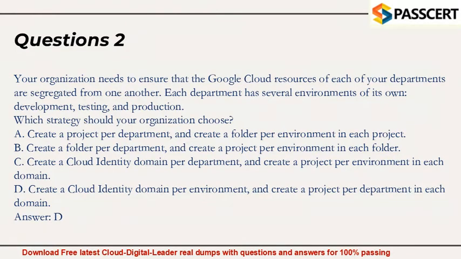B. Create a folder per department, and create a project per environment in each folder. C. Create a Cloud Identity domain per department, and create a project per environment in each domain. D. Create a Cloud Identity domain per environment, and create a project per department in each domain. Answer: D.